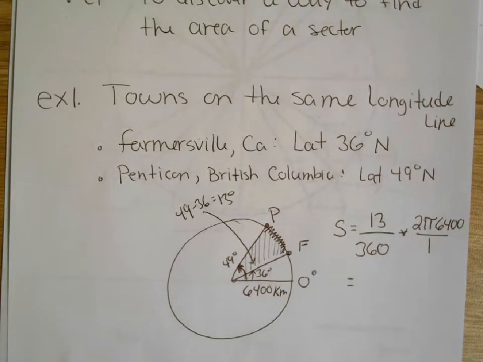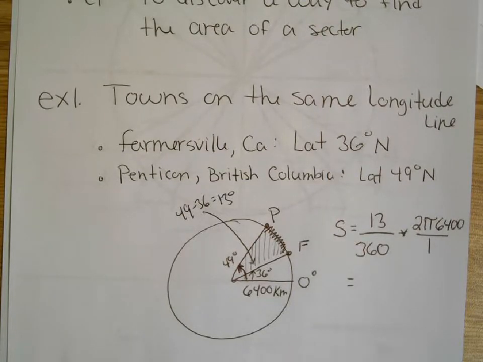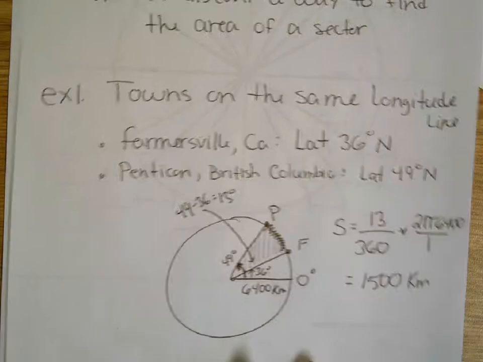And now it's just calculator line. And 2 sig figs. 1,500? Okay.